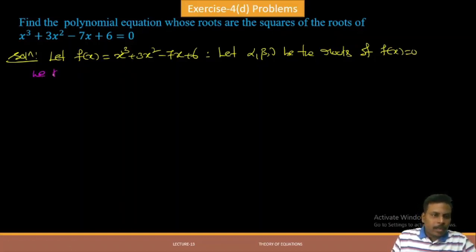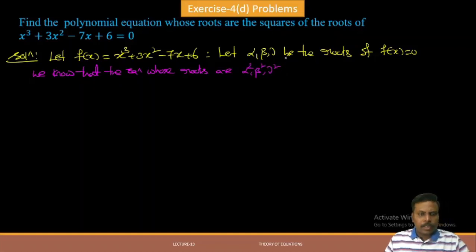We know that the equation whose roots are alpha square, beta square, gamma square is f of root x into f of minus root x is equal to 0.